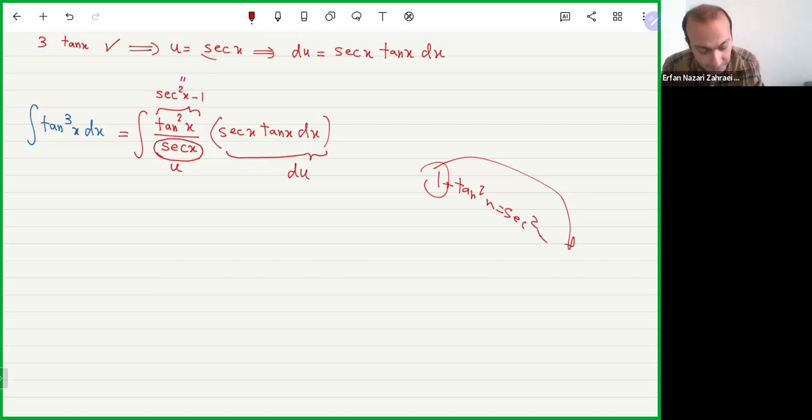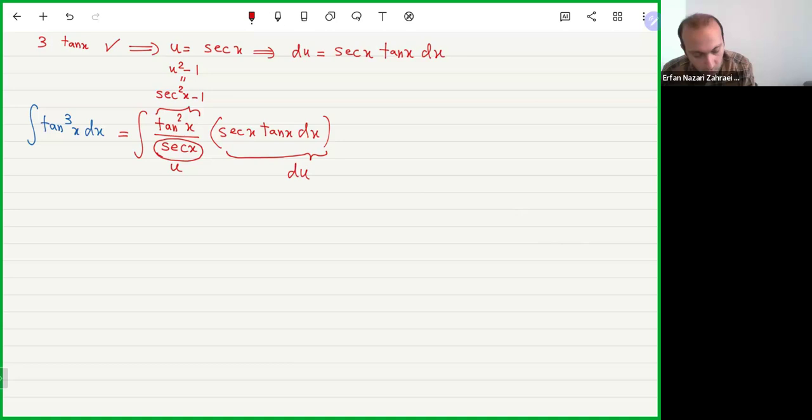And that means secant is u. This is u squared minus 1. So in summary, after doing all the substitutions, we get u squared minus 1 on top, u on the bottom, and du after. Okay, now I should compute this integral.